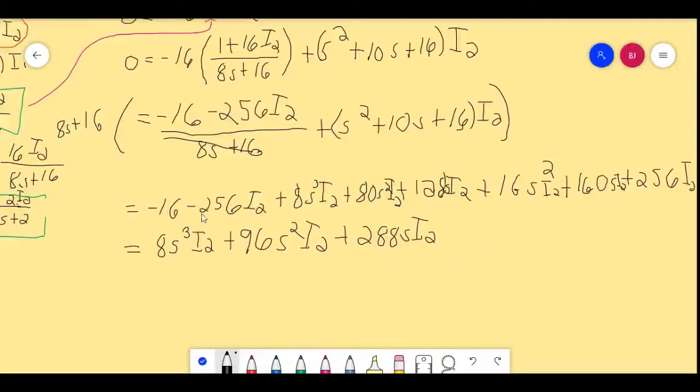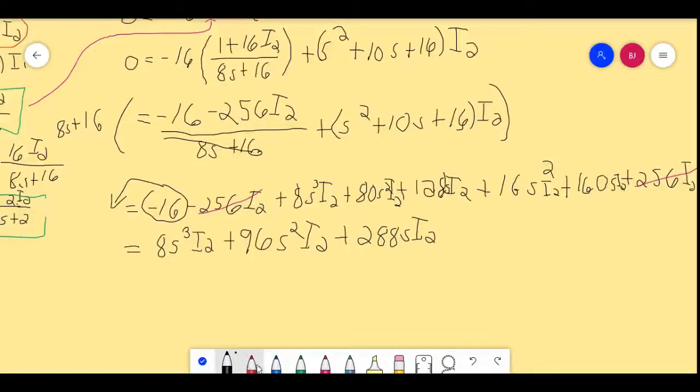And then we have minus 256 and plus 256. This would get cancelled out. And we have this negative 16. Just move it to the other side, as this doesn't have any variables with it. Transpose.